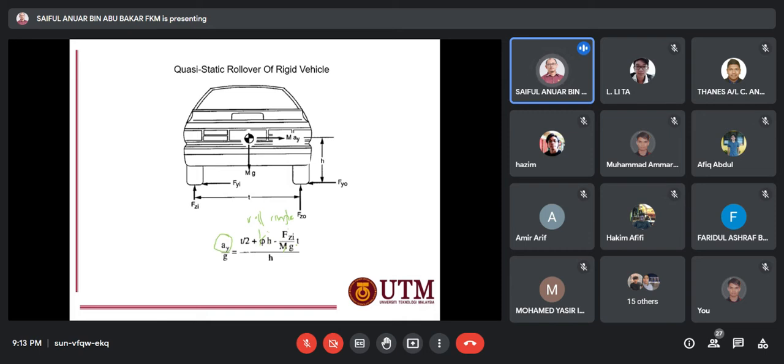This value is very small compared to the one added to it. So with a small roll angle, due to there being no roll motion, you can keep this term very small and maintain it. In the end, you get the most optimal lateral acceleration based on this equation.